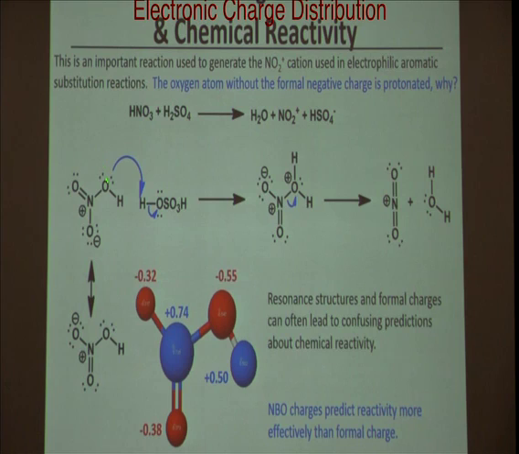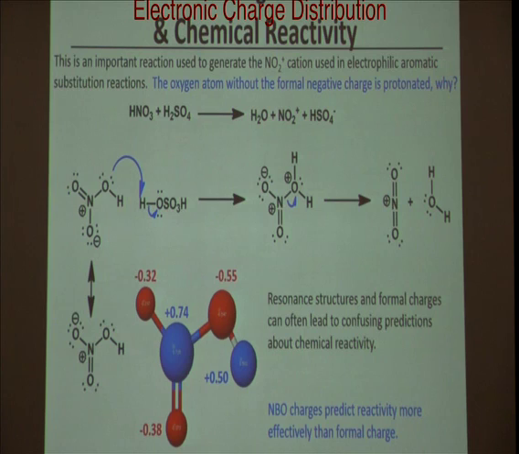The oxygen without any negative formal charge has a charge of about minus a half. This is the most negative oxygen in the molecule, and as a result, it is the most basic of the oxygen atoms in the nitric acid molecule. It's the one that is most able to pick up that hydrogen, which is convenient because that's what forms the water leaving group, which then can decompose to make the NO2 plus cation.